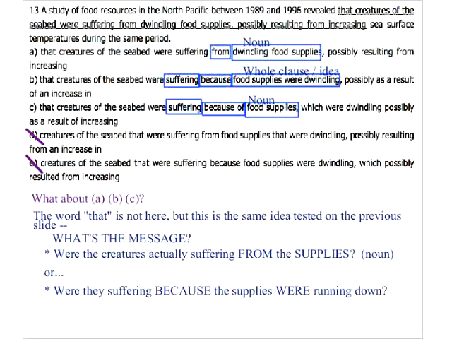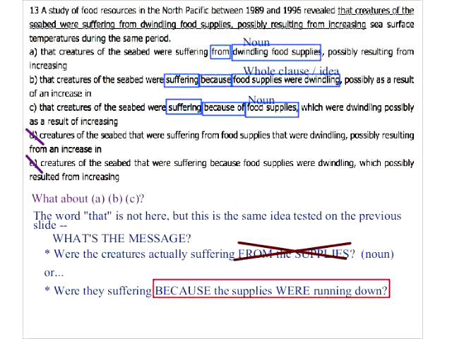The supplies themselves are not the cause of the suffering. The suffering comes from the fact that the supplies are being depleted. Same sort of idea as the previous one. The ones that say they were suffering from the supplies are inaccurate, but they were suffering because those supplies were running down. That's the idea. Any questions about that distinction?